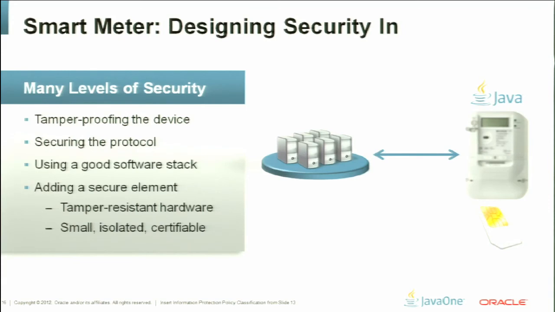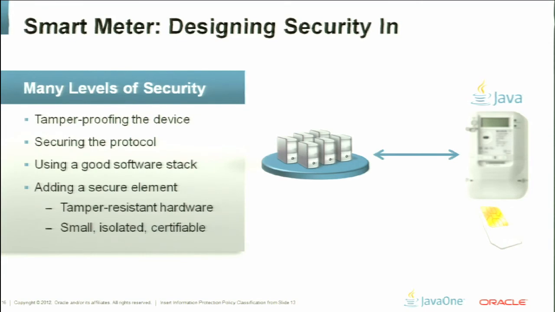The idea about adding a secure element here is that you can get a really tamper-resistant hardware that was always designed for that, and also, because the piece of hardware that you get in a secure element is very small, the software on it is very small. So it's possible to get to levels of certification that are very difficult to reach with things like even a smart meter, and of course even more for something that is larger than that.